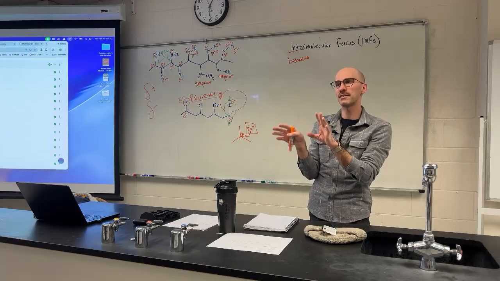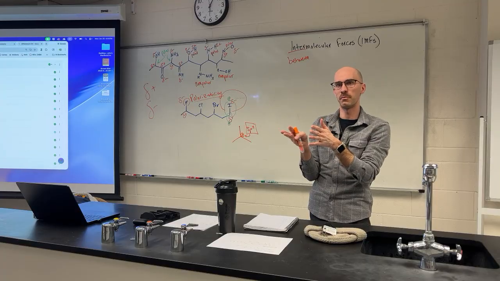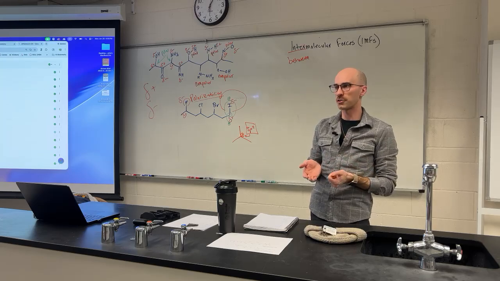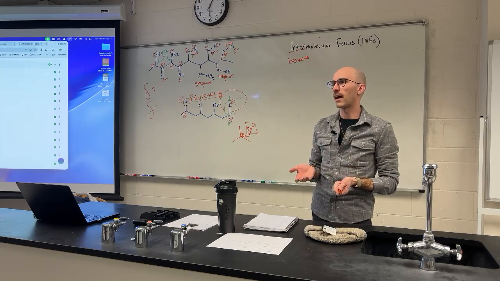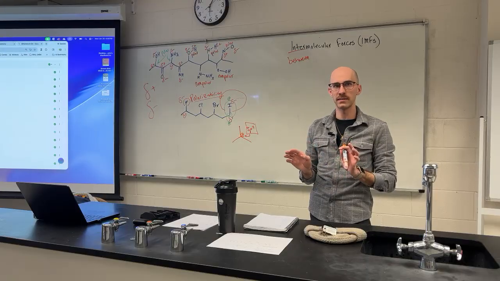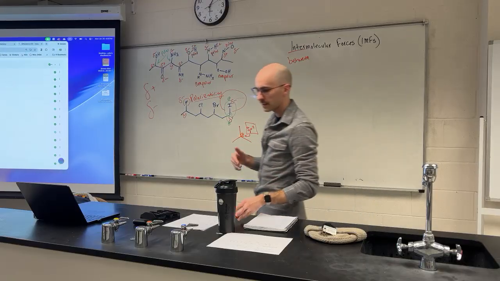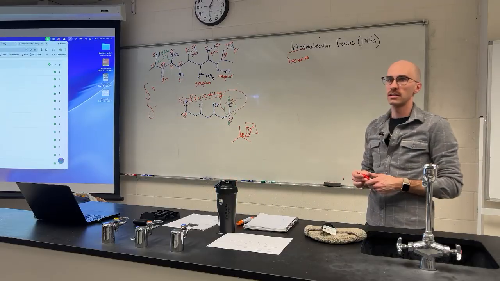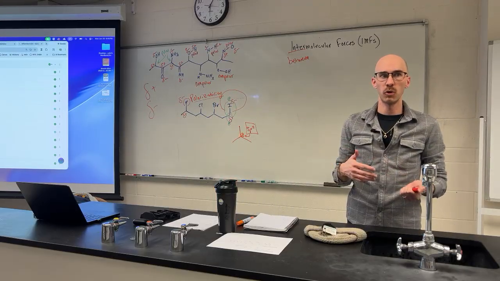So it does have some contradictions. But for the most part, we think of this as two molecules coming close to each other. How do they interact? What special characteristics of those little magnets do you get? And this compounds with our idea of partial charges and polar and nonpolar bonds.